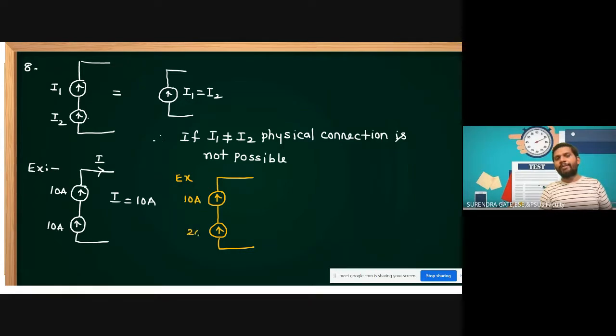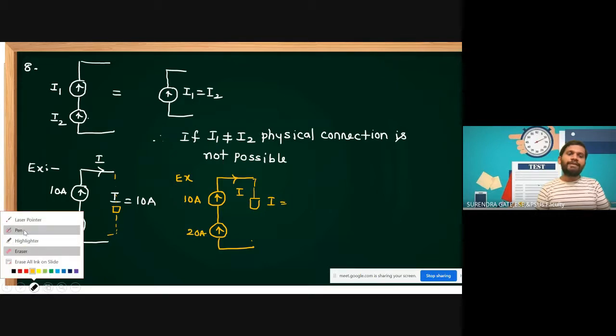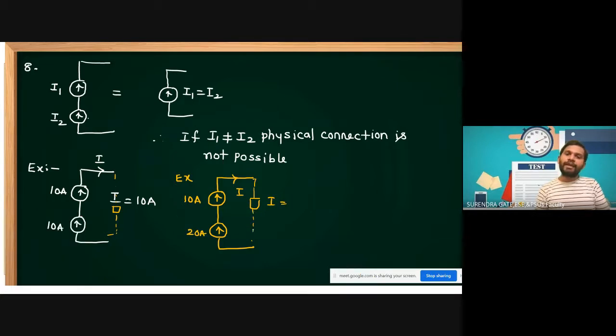This is 20 ampere. What is the current in this circuit, friends? And here we are connecting some load across it. What is the current here? Can you say it is 30 amperes? Can you say it is 10 ampere? Can you take it as 20 amperes?